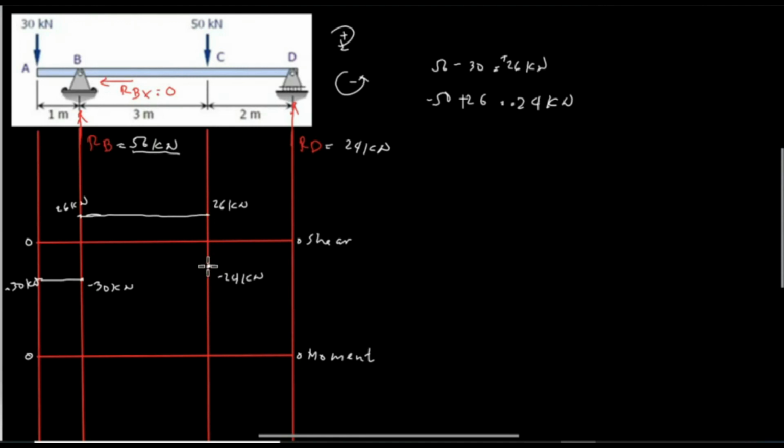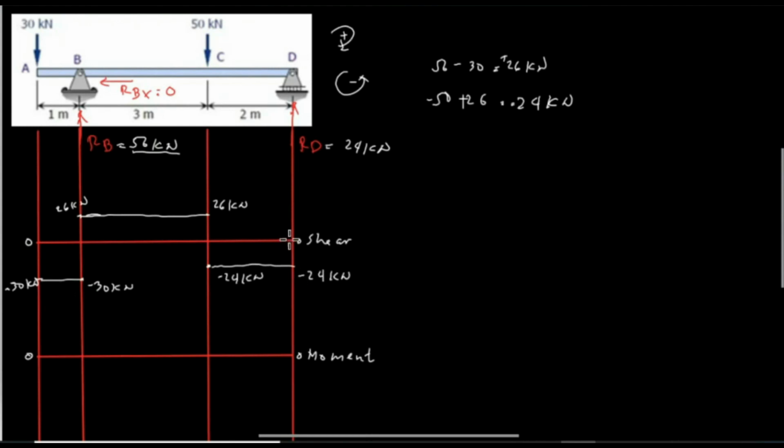Next, the total length of this one is 26 plus 24, which is equal to the force, 50 kilonewton. Then from C to D, we don't have a concentrated load. Therefore, the shear force is the same from point C up to point D, and we draw a straight or horizontal line, which is also negative 24 kilonewton.